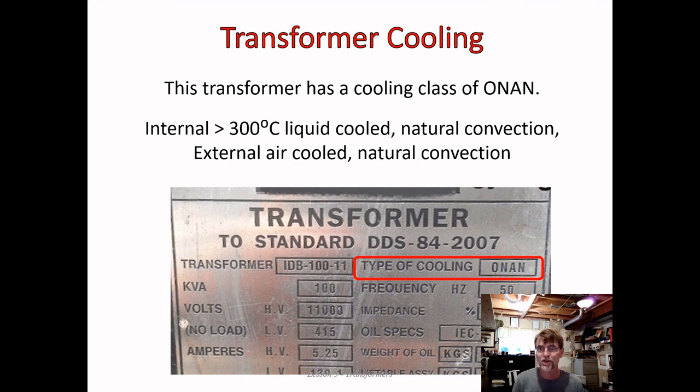It's using the natural flow that's going to happen as this liquid heats up and cools down. And then A means external air cooled, and N means natural convection. So again, there's no fan forcing this. It's just utilizing the construction of the radiator. So that's what those 4 letters mean.